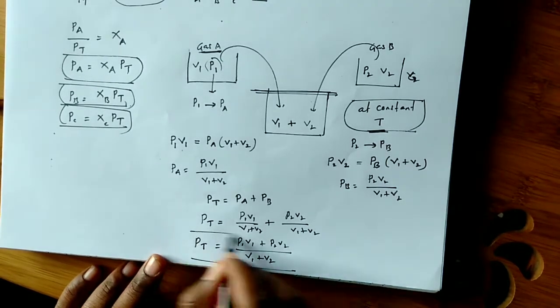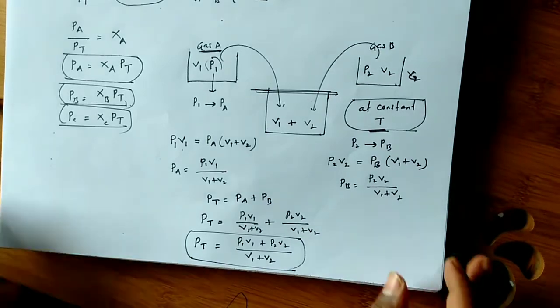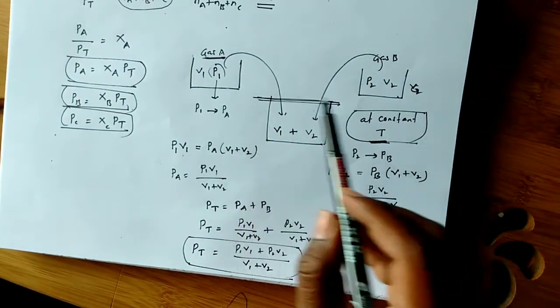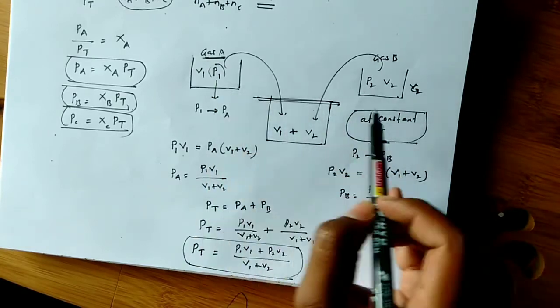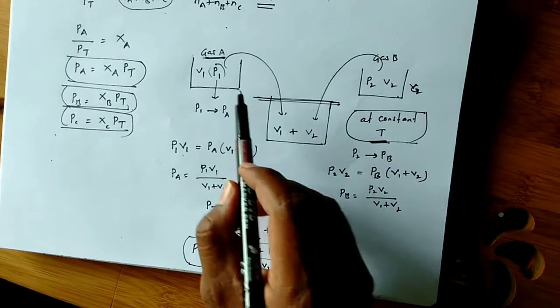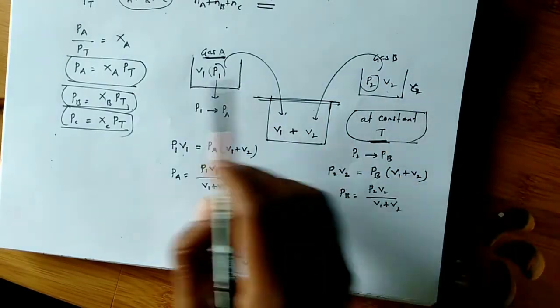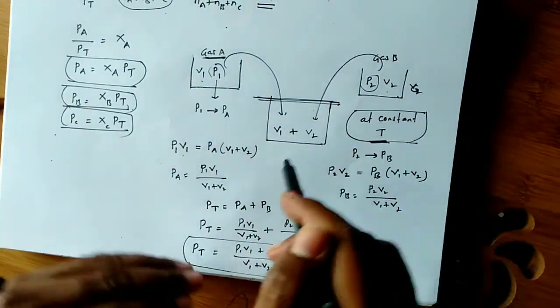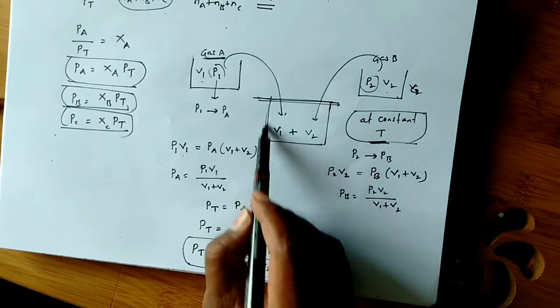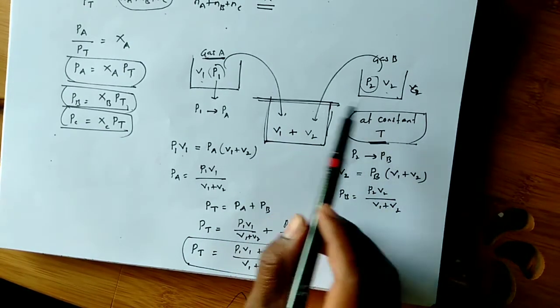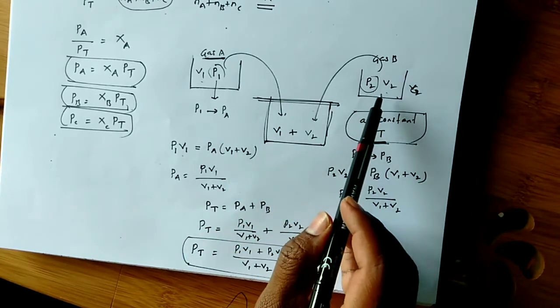So here, if two gases are mixed from two different pressures, initially gas A pressure is P1, gas B pressure is P2, and their volumes are also different, V1 and V2. These two mixed with each other, the total volume will be V1 plus V2, and the pressures will be different after addition.